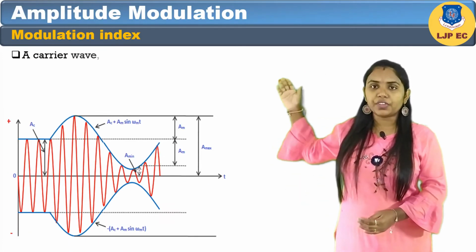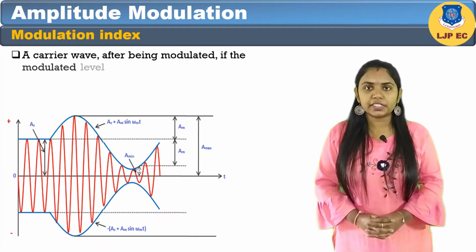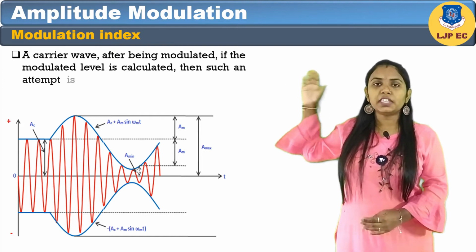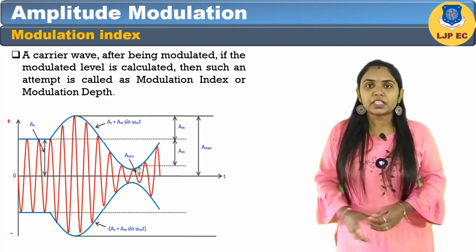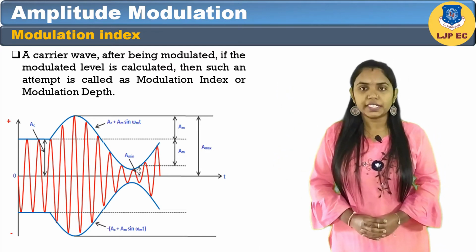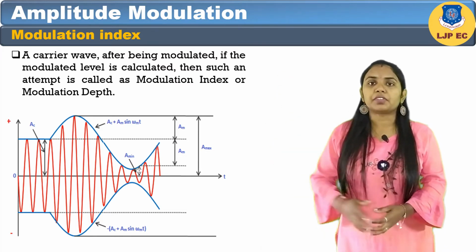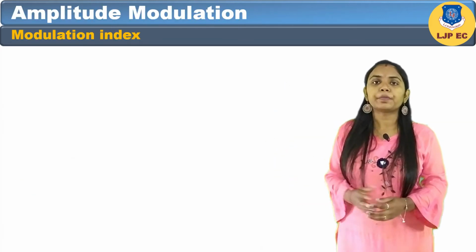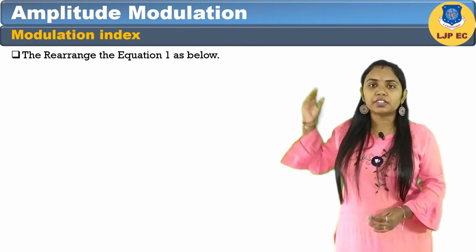The next is modulation index. A carrier wave, after being modulated, if the modulation level is calculated, then such a term is called a modulation index or modulation depth. It states the level of modulation that a carrier wave undergoes.